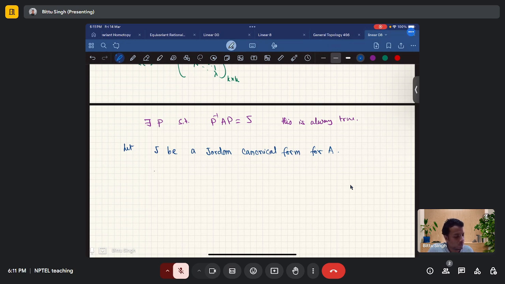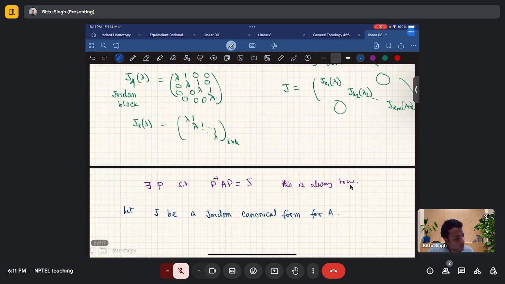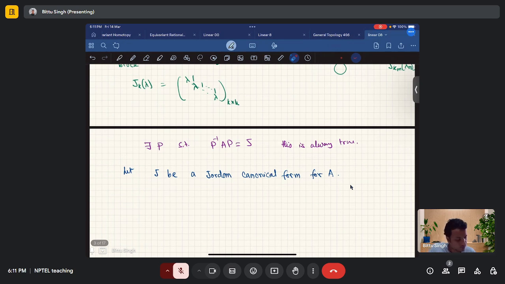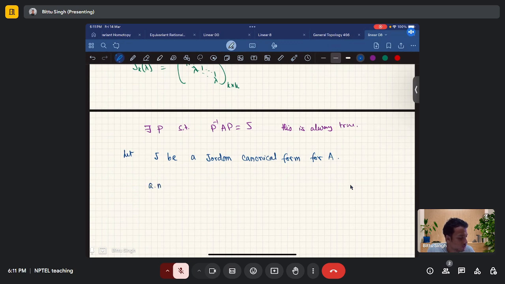First, note that those diagonal entries, for example lambda 1 and lambda 2, are the eigenvalues. The algebraic multiplicity of an eigenvalue lambda is the same as the number of times lambda appears in J.